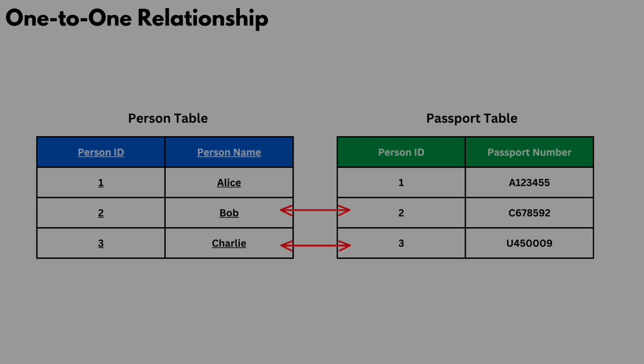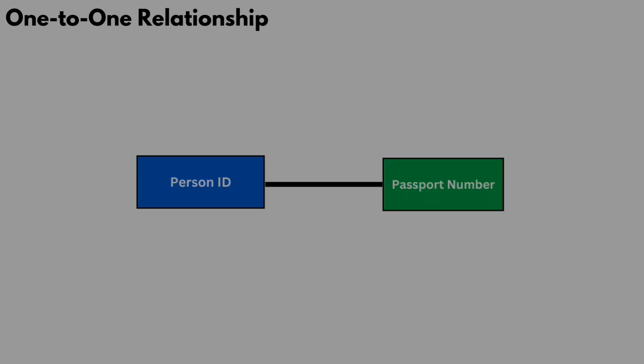And in table B, we have information about the passwords related to all of the person IDs that we have. We can clearly see that each person has only one unique password. So the relationship between these two tables is one-to-one. One password, one person, and vice versa.